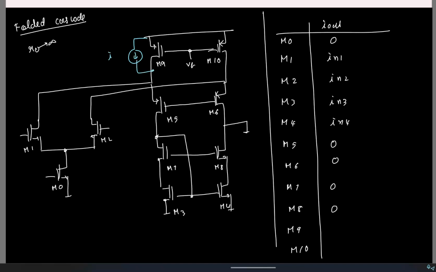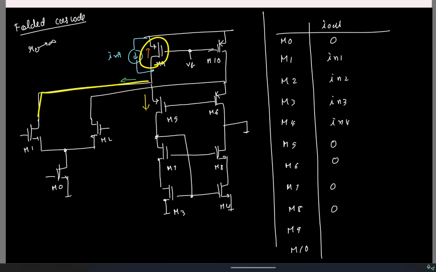So let's say this is IN9. So now this current has basically 3 paths. It can either flow here, or here, or here. It can flow up, left, or down. If R0s are all infinite, where do you think it will flow? Yes, right? It will all flow down because this is looking up, it's infinite.